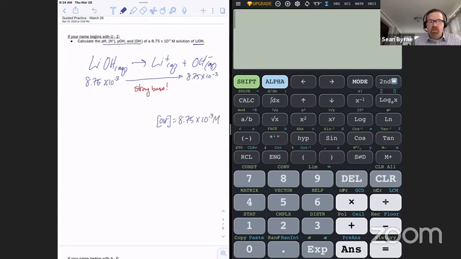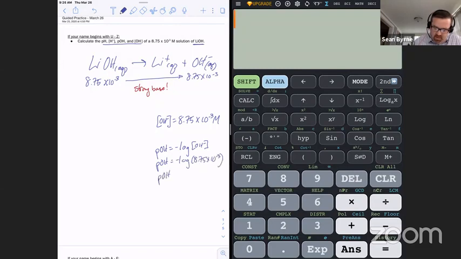I'm going to try to be really careful with my units here and make sure that I include units everywhere where it's appropriate. In this problem, I'm going to jump ahead to the pOH just to show that we can do this in a different order. So the negative log of the hydroxide ion concentration. So our pOH is equal to the negative log of 8.75 times 10 to the minus third.